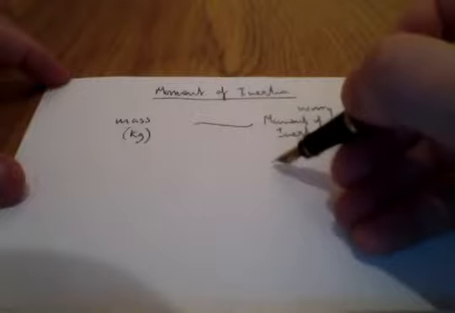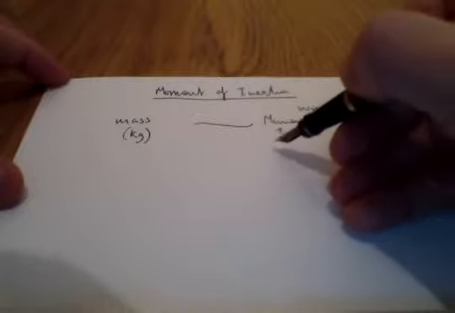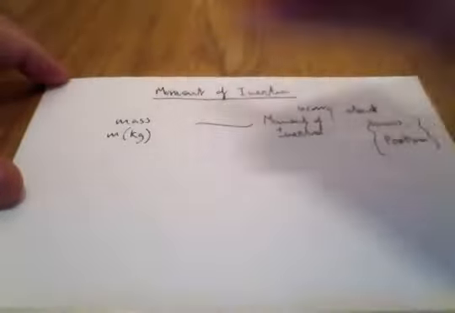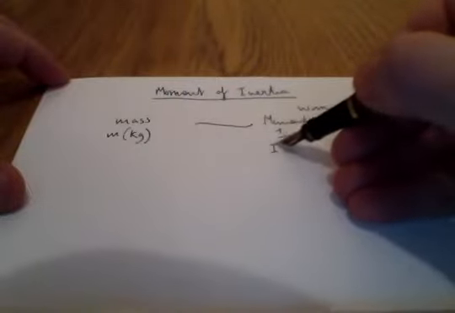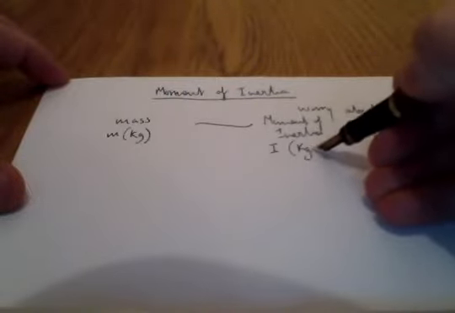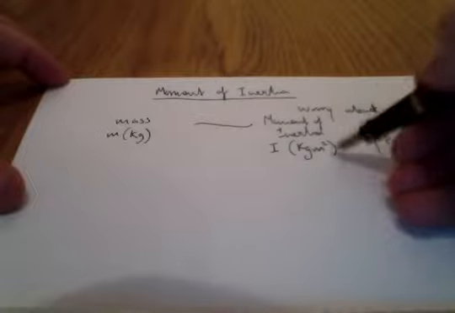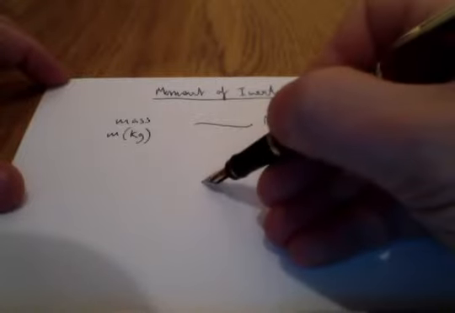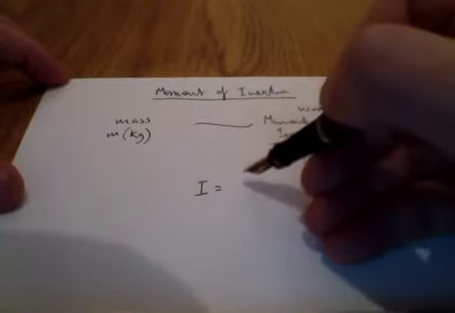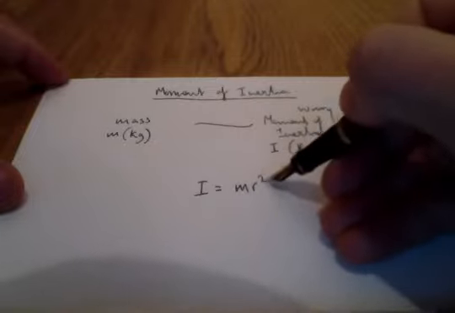In other words, mass is given the symbol m in kilograms, and moment of inertia is given the symbol I, and it's measured in kilograms meters squared. That might give you a hint as to how you work it out. The moment of inertia is equal to m r squared.